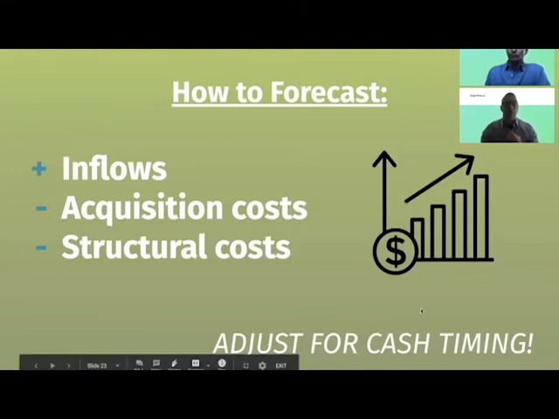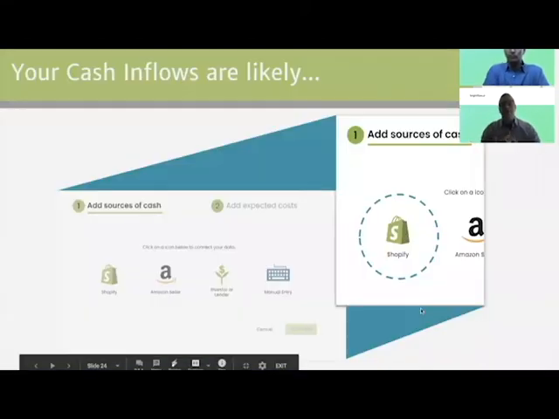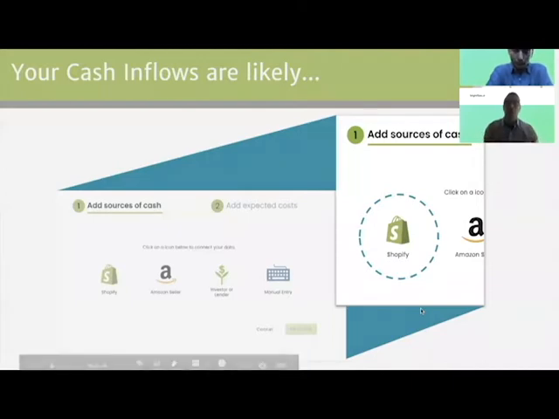So if you have the next slide, this is actually a screenshot of the product that we're working on, but it's a good analog to think about how you should break up your inflows. Most of you probably have some type of e-commerce store set up on Shopify or Amazon, and then you potentially have an investor or an influx of cash into your bank account, and then there's any other manual or custom entries you could make.